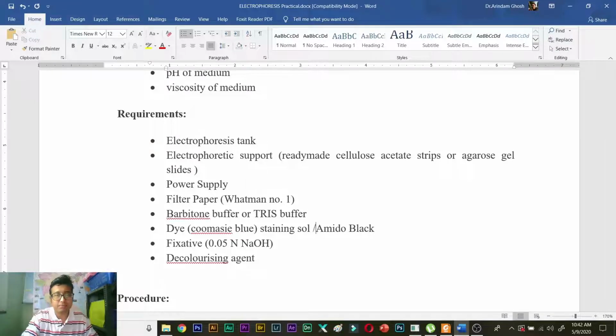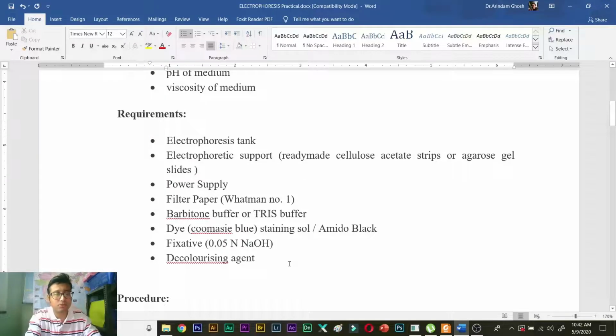So, either Coomassie Blue, also known as Coomassie Brilliant Blue, or amido black. Thereafter, a fixative, that is sodium hydroxide, and a decolorizing or a de-staining agent.